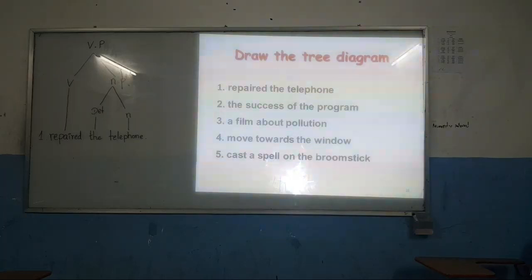Number 3 is the noun phrase, but you can check on the library yourself. Anybody here? One for each. I think number 3 is an easy one. If you are wrong, the teacher will tell you, and it will be explained again. Number 3 is the noun phrase.